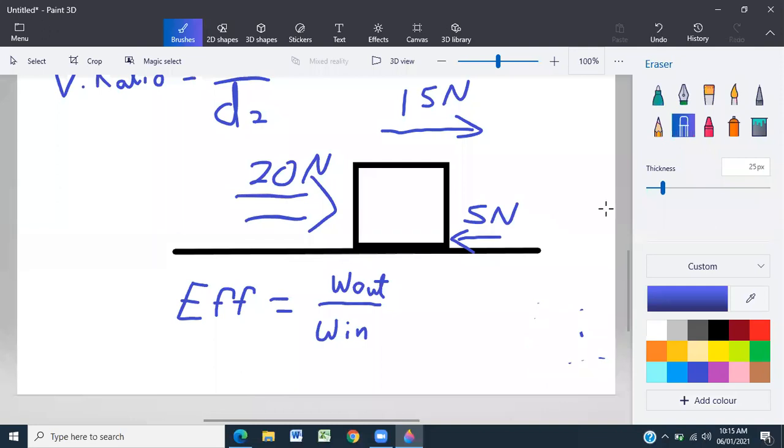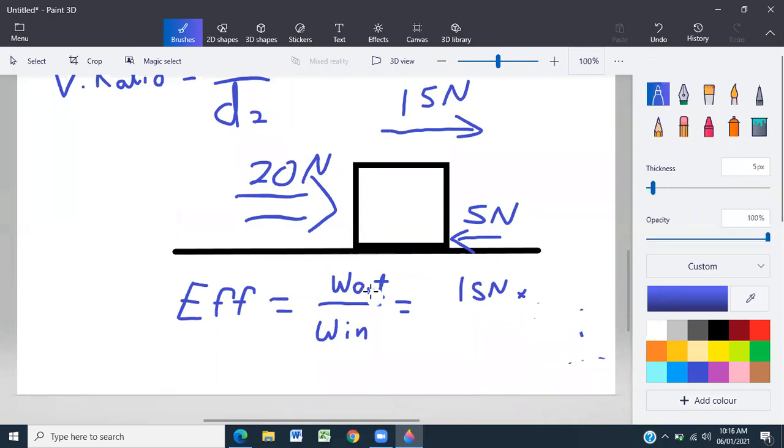So putting this in terms of numbers, we can say the work we get out, the useful work done on the load, is 15 newtons times some distance, whatever distance this travels, and the work we put in is 20 newtons times that same distance.